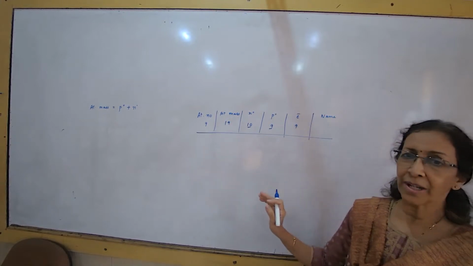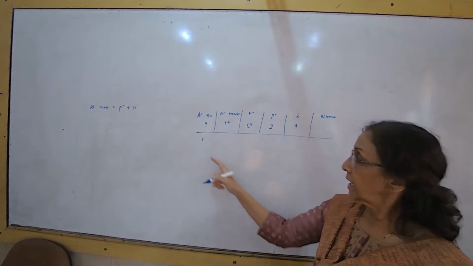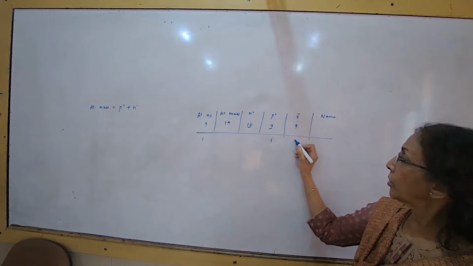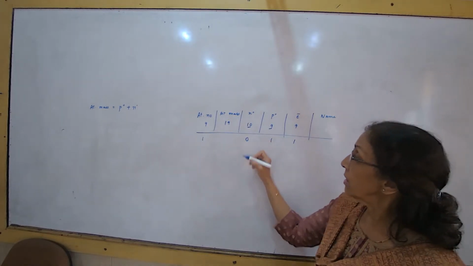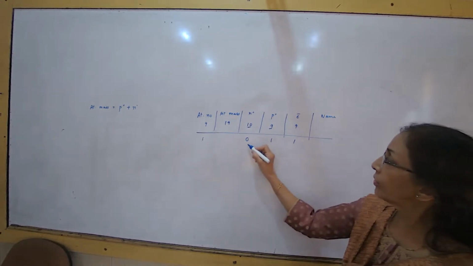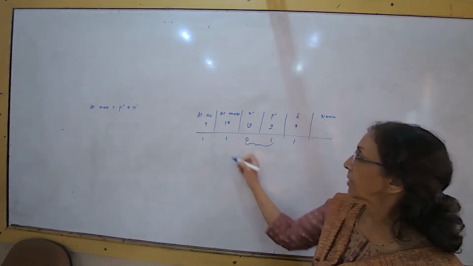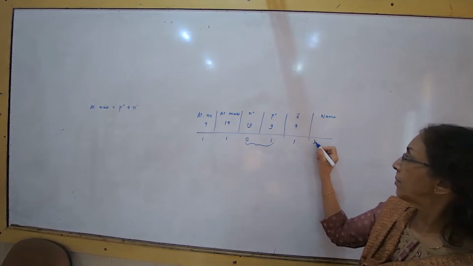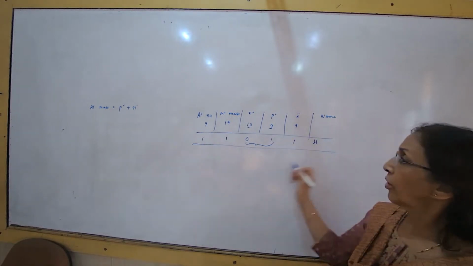Yes, okay, atomic number 1. If atomic number is 1, what will happen to protons and electrons? Proton and electron will be 1. If neutron is 0, what will the atomic mass number be? 1, because you have to add proton and neutron. So it is 1, and this is nothing but hydrogen. Now look at another way of putting it.